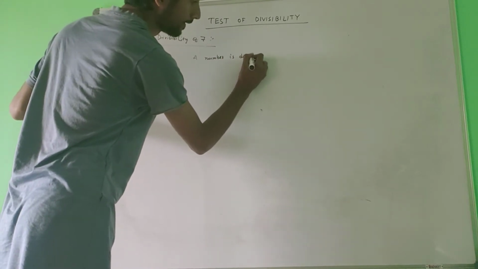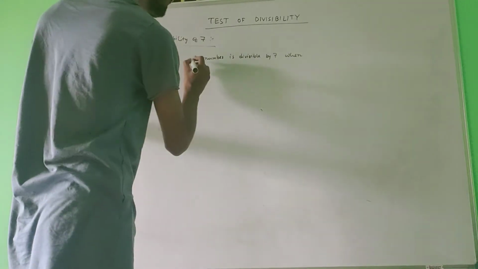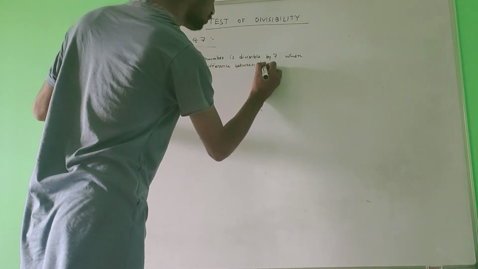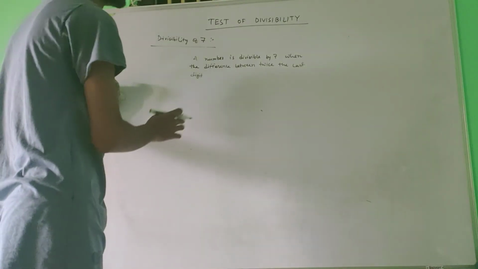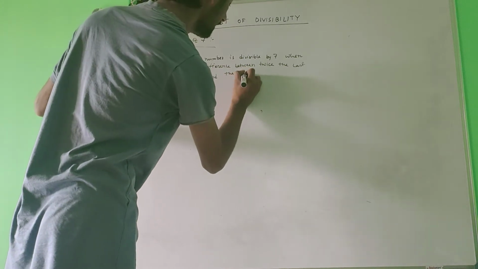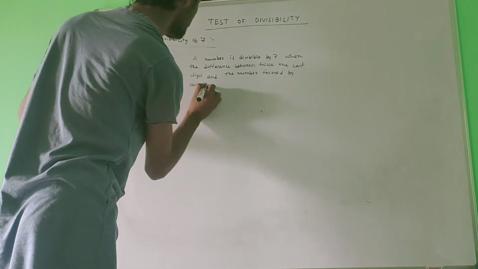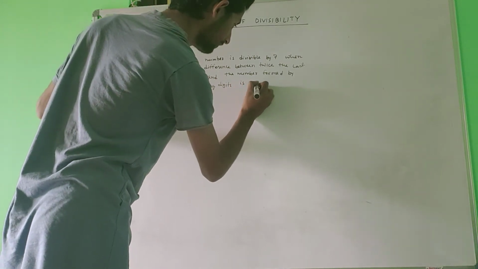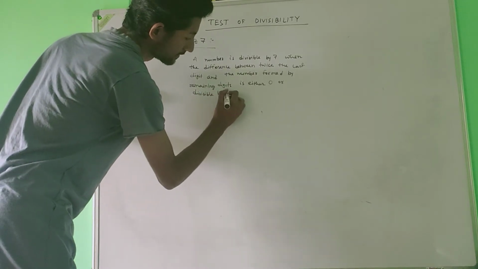A number is divisible by 7 when the difference between twice the last digit and the number formed by the remaining digits is either 0 or divisible by 7.